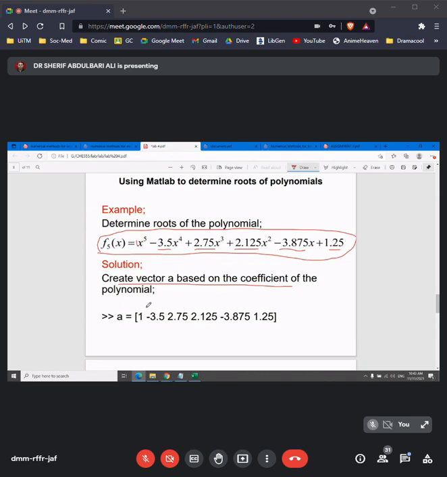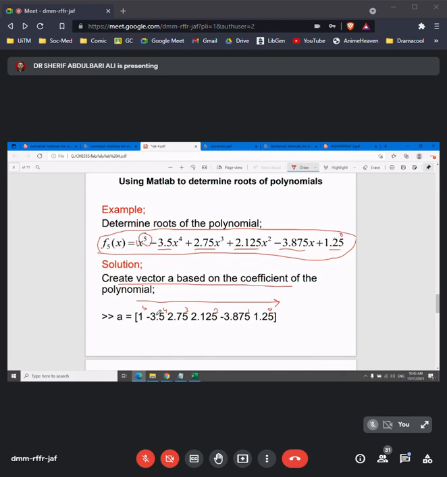MATLAB knows that this is for power 5, this is for power 4, this is for the cube, this is for the square, this is for x, and this is the constant value, by the order. Most of the time it is in descending order, so you start from the highest to the lowest.